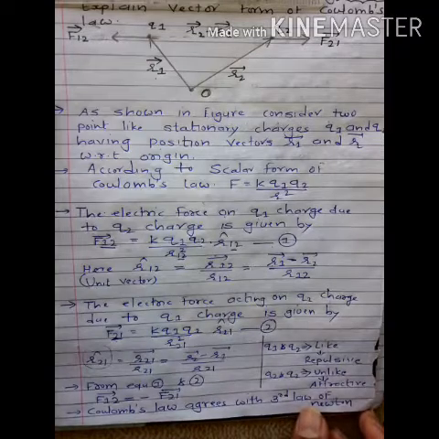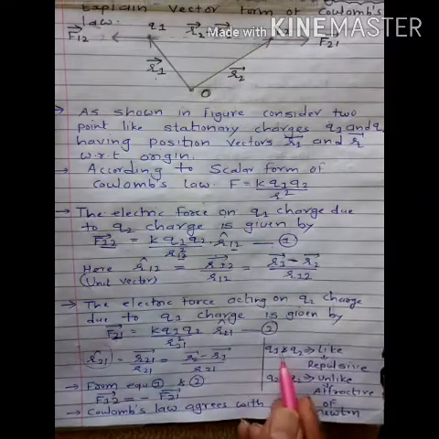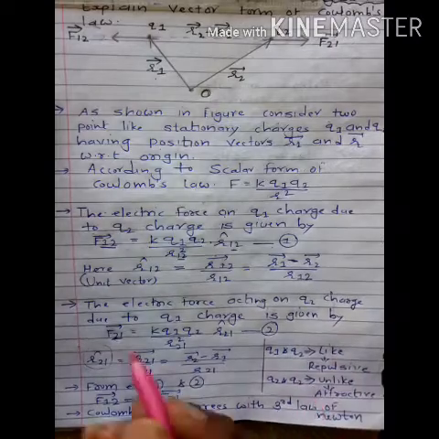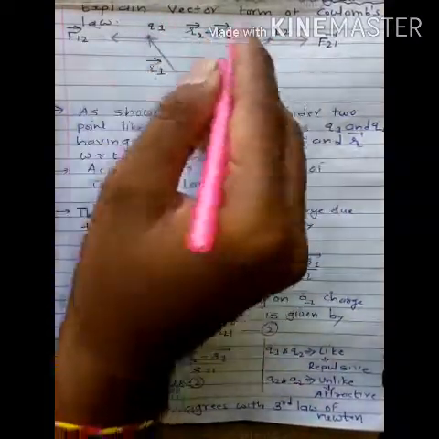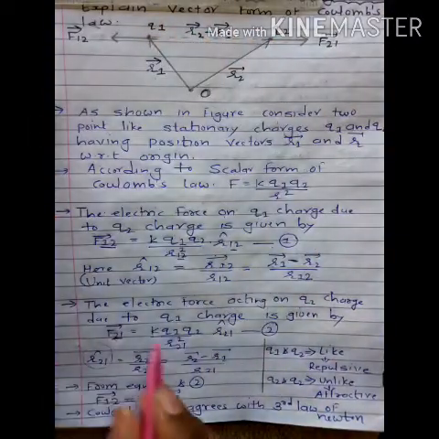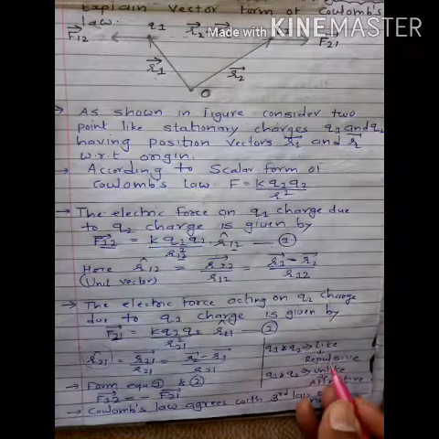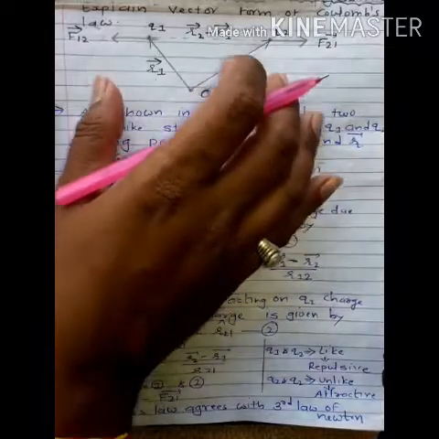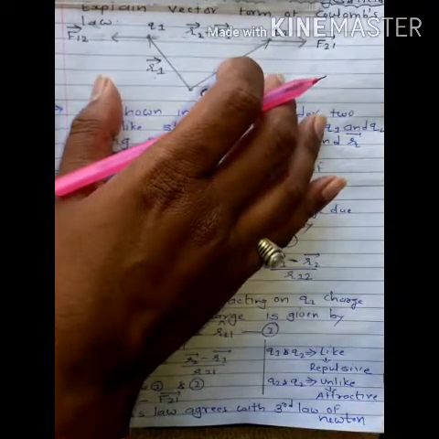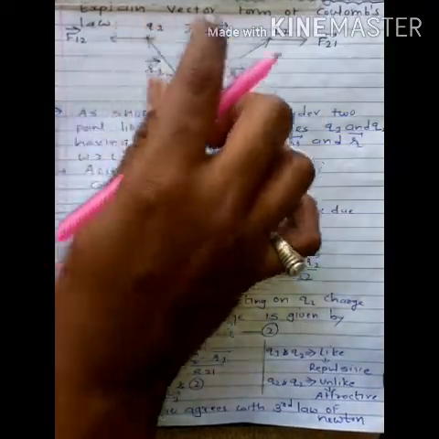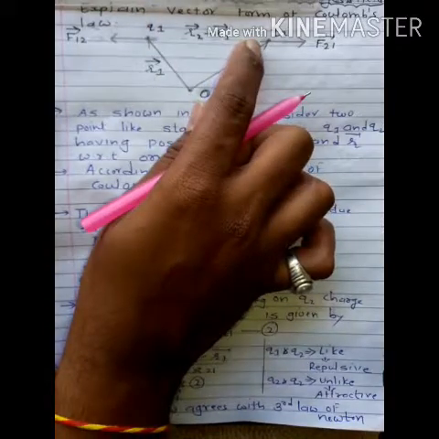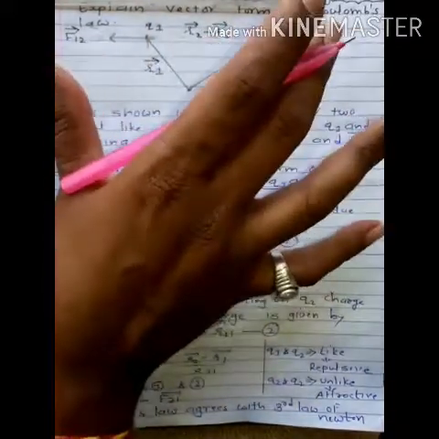Now remember one more point, if q1 and q2 both are like charges, suppose both are positive or both are negative, then a repulsive force is produced between them, and this figure represents repulsive force because the directions of F12 and F21 are away from each other.